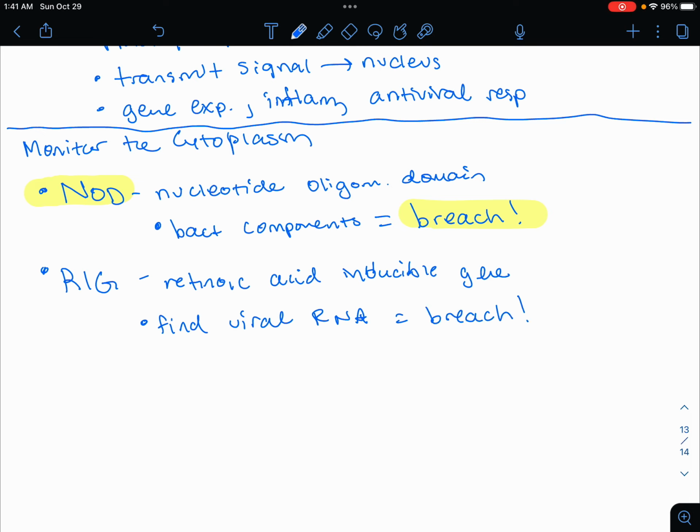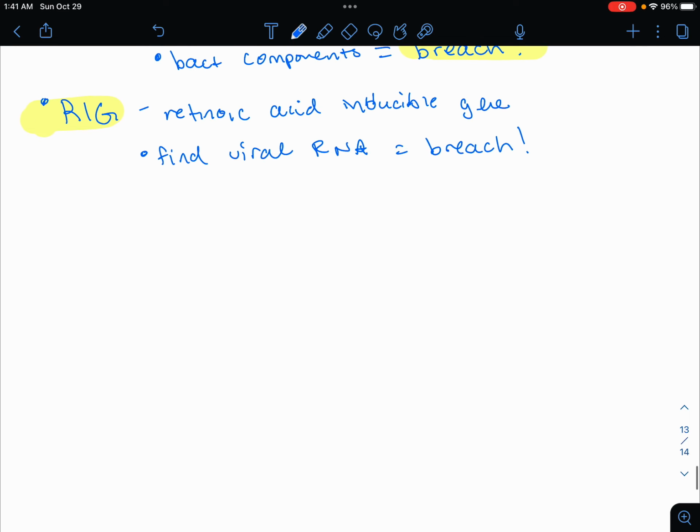So one of them is going to find bacterial components. RIG is going to find viral RNA. So we're going to nod to bacteria, but we're going to feel that the viruses are rigging the cell, and there's going to be a breach from that. Again, these are going to be monitoring the cytoplasm, not the outside.